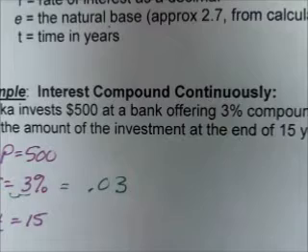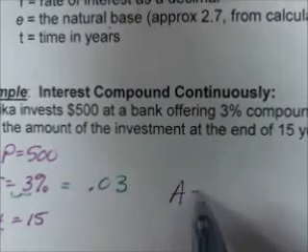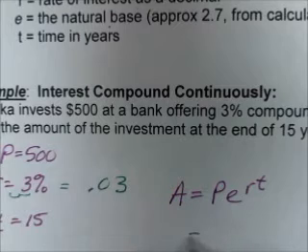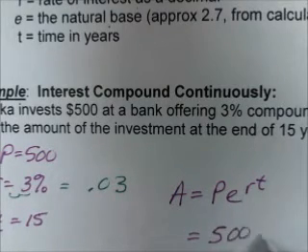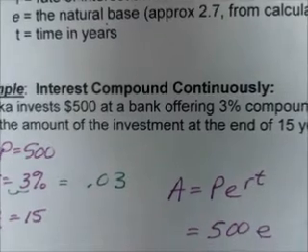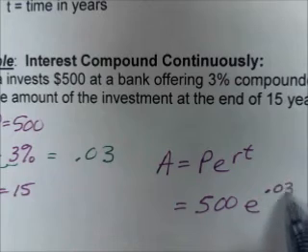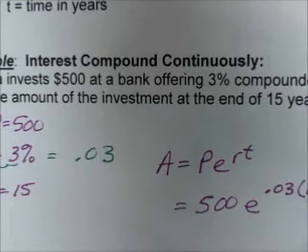So now we take our formula, A equals P e to the rt, and substitute our values in: 500, e raised to the 0.03 times 15.